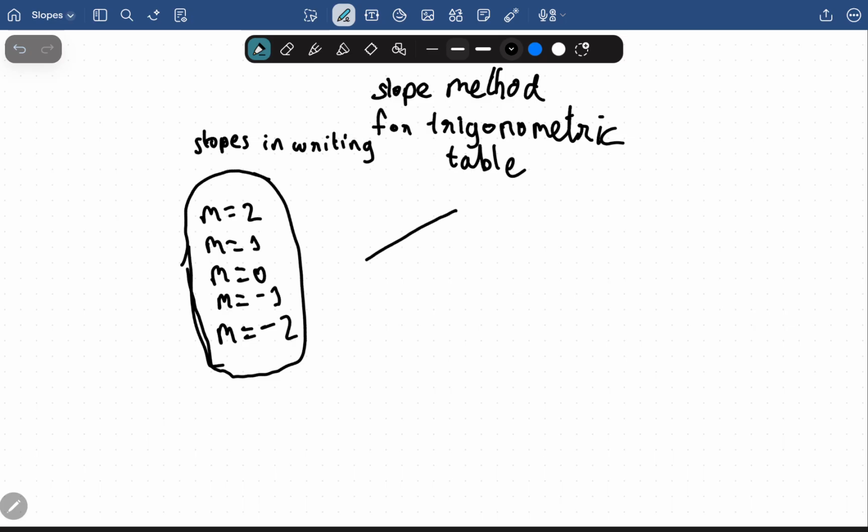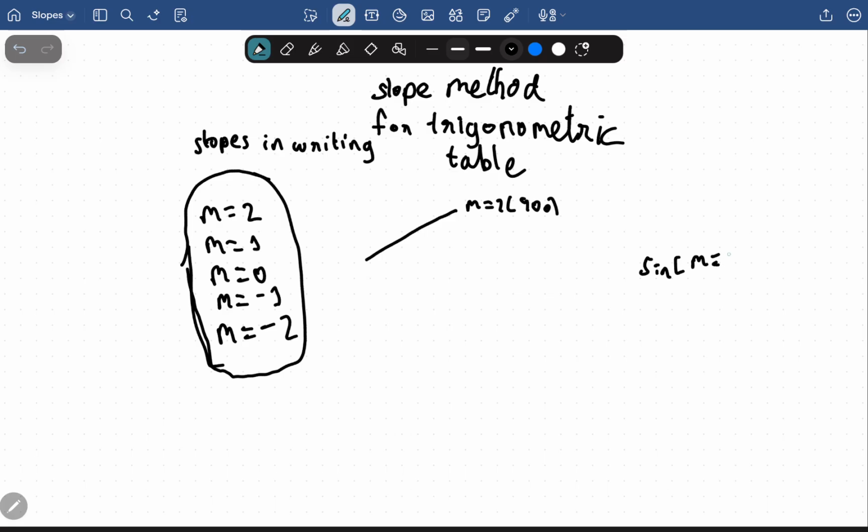So we have m equals 2, or 90 degrees, because we're doing the trigonometric table, not the periodic table. So we don't just put m equals 2. Have you ever seen a question this ridiculous?